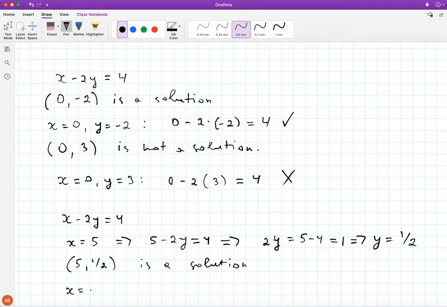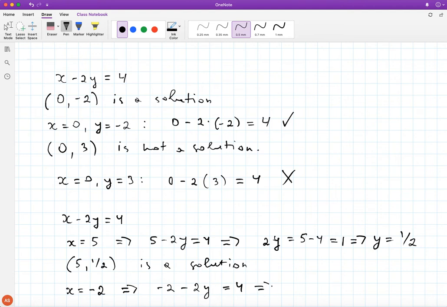For example, let's start this time with x equals negative 2. If I plug this value into the equation, I get negative 2 minus 2y equals 4.